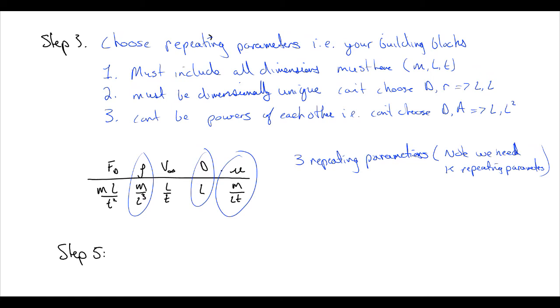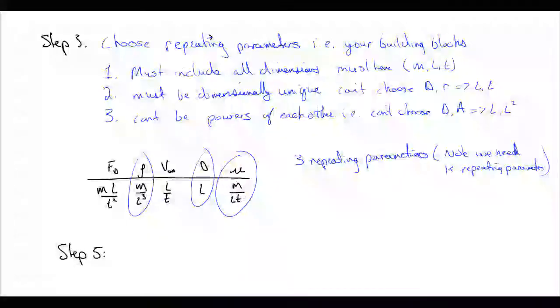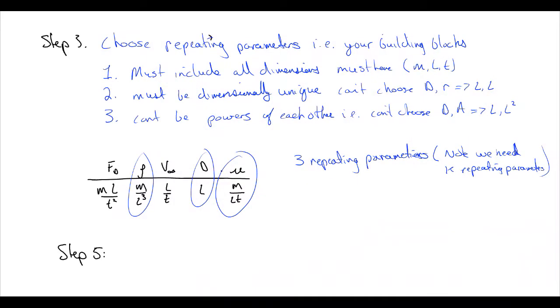And yeah, it's true. Every different combination of repeating parameters you pick will result in different pi groups. And just a heads up, some of those pi groups are going to be meaningless. Some of them are not that meaningful, and some of them are going to be just perfect, super meaningful. How do you know the difference? Experience and trial and error.